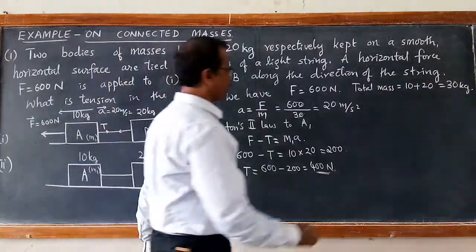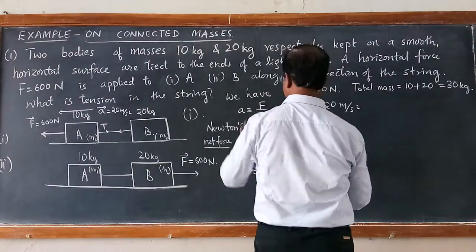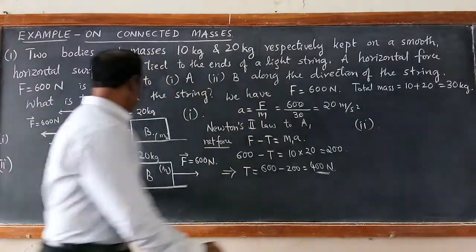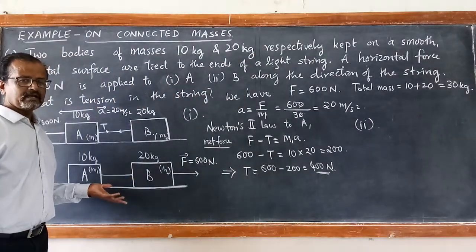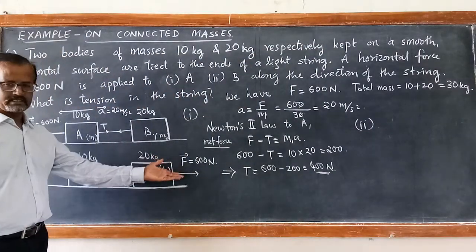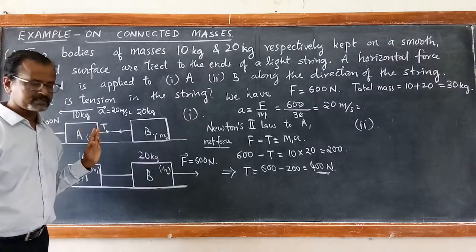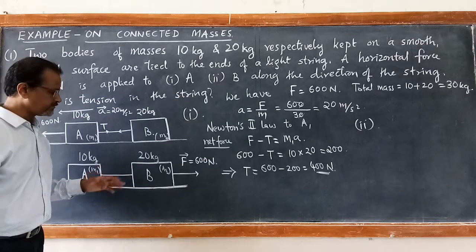Now come to the second part. For the second part also we get the same acceleration. Total mass is again 30 and force is again 600, so acceleration is the same, 20 meter per second square. Now look at the free body diagram.